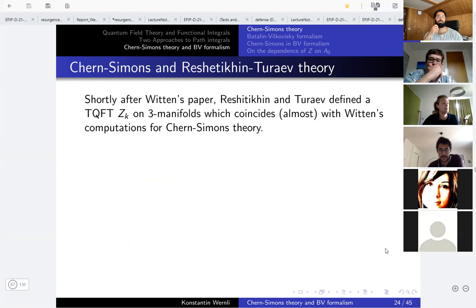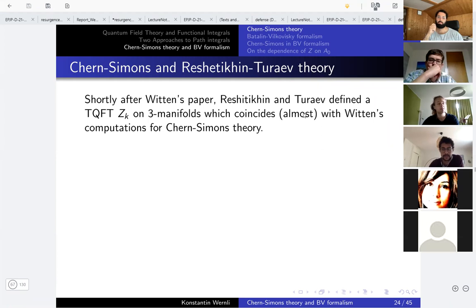So the Reshetikhin-Turaev theory defined the TQFT according to the definition I gave before. That TQFT, which depends on the parameter k, coincides almost with Witten's computations for Chern-Simons theory. For experts, there's a slight subtlety about framing.